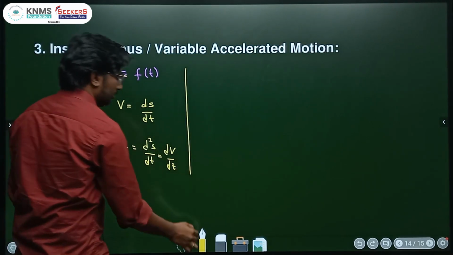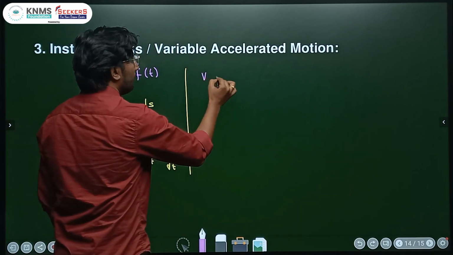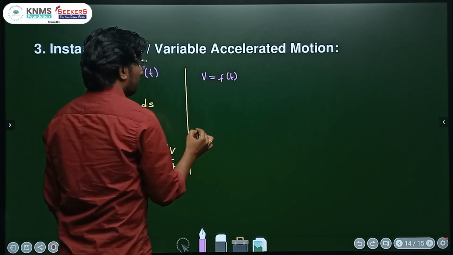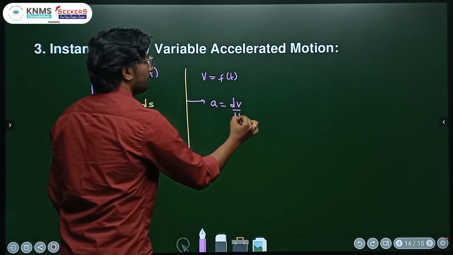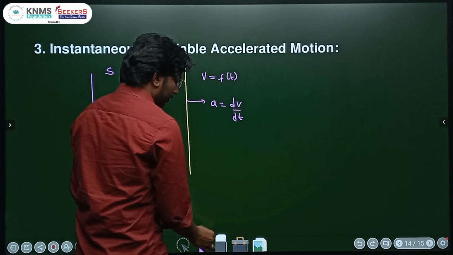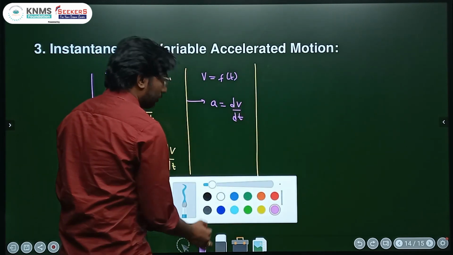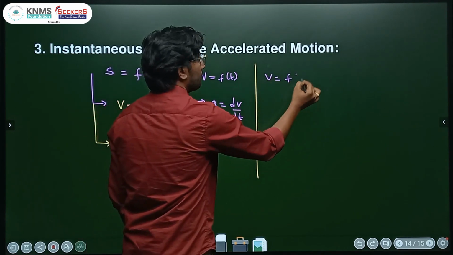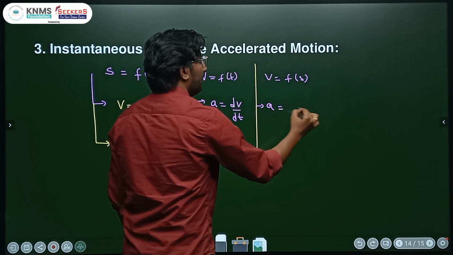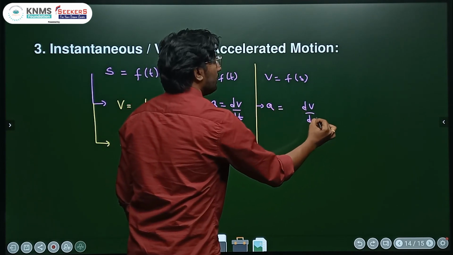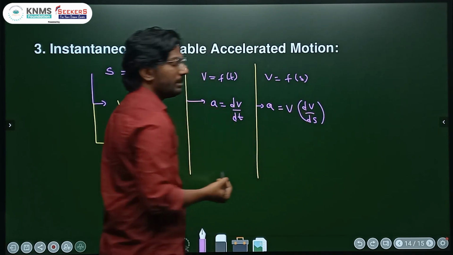Similarly, if you have velocity as a function of time, then you can get acceleration by differentiating the velocity with respect to time. On the other side, if the velocity is given as a function of position, then acceleration can be calculated by first differentiating the velocity with respect to position and then multiplying this differential with the velocity itself.